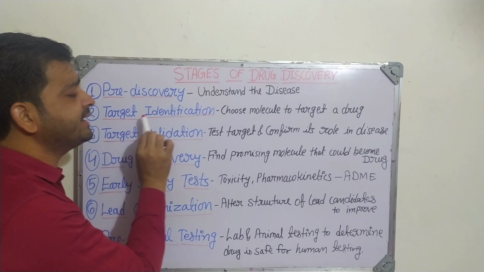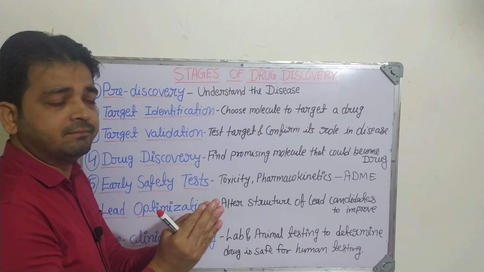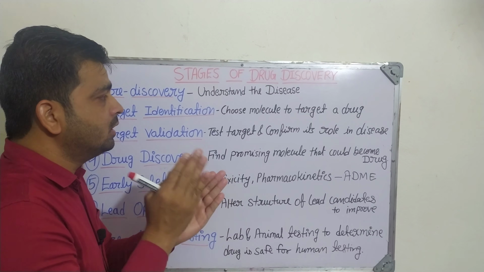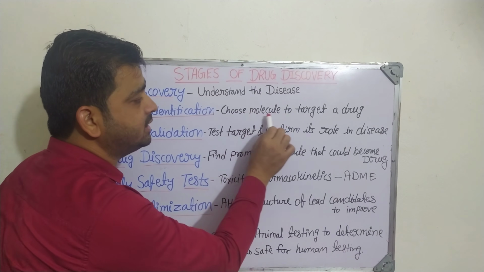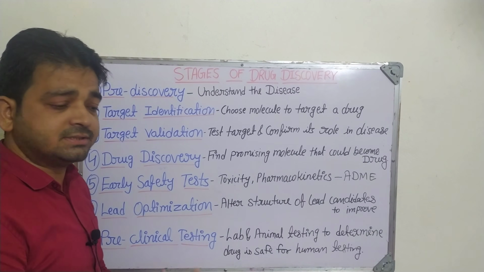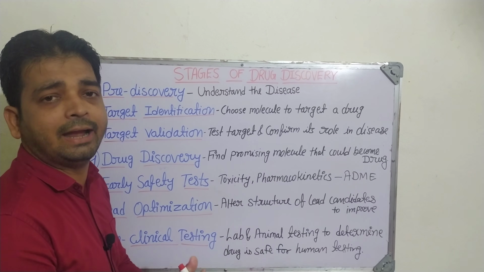Second one, target identification. Once the disease is confirmed, suppose we are going to discover a drug for diabetes, now we have to select the molecule to target. For example, what is needed to overcome diabetes?